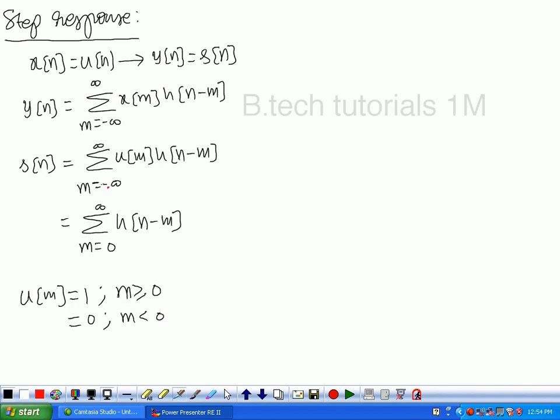So here the summation is extending from minus infinity to plus infinity. Therefore, from minus infinity to minus 1, the summation becomes 0 because the unit step function is 0 from minus infinity to minus 1. From 0 to infinity it is 1. So therefore, u of m can be replaced with 1. So this is the step response.